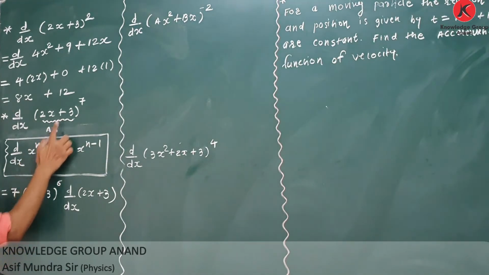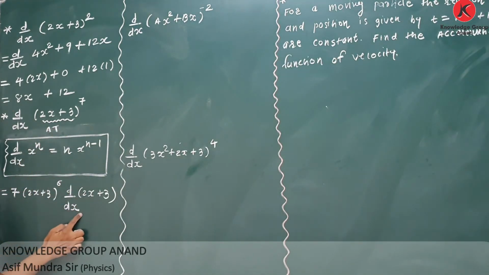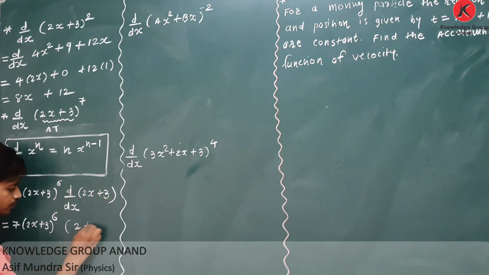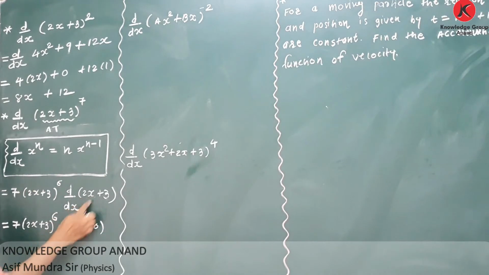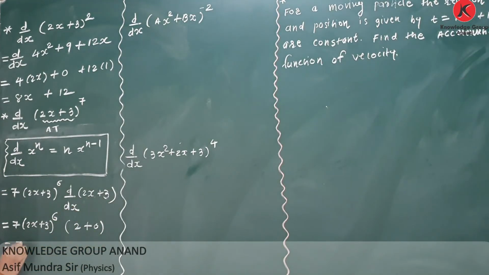This additional term you have to differentiate again. So it is equal to 7 (2x plus 3) raised to 6, times d upon dx of (2x plus 3). We know it is 2 plus 0: 2x gives 2, and 3 is constant, so 0. So it is equal to 7 (2x plus 3) whole raised to 6, times 2.